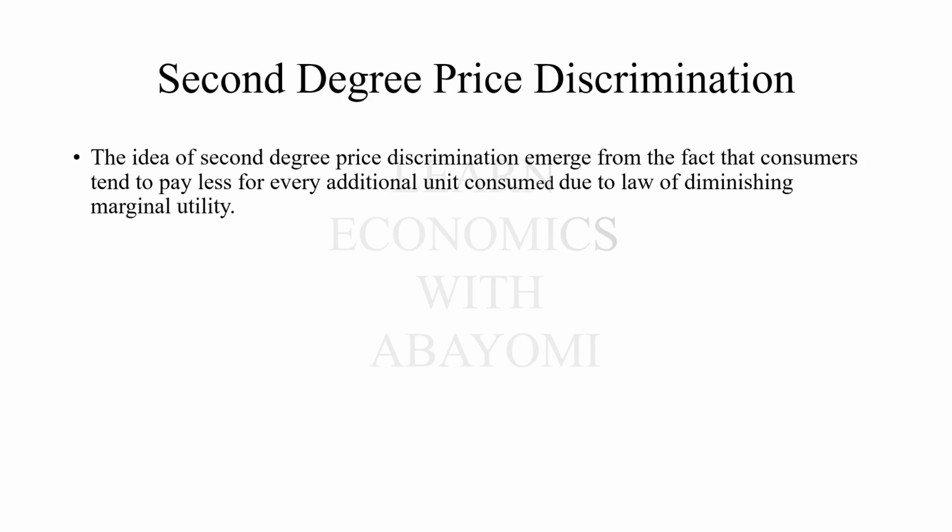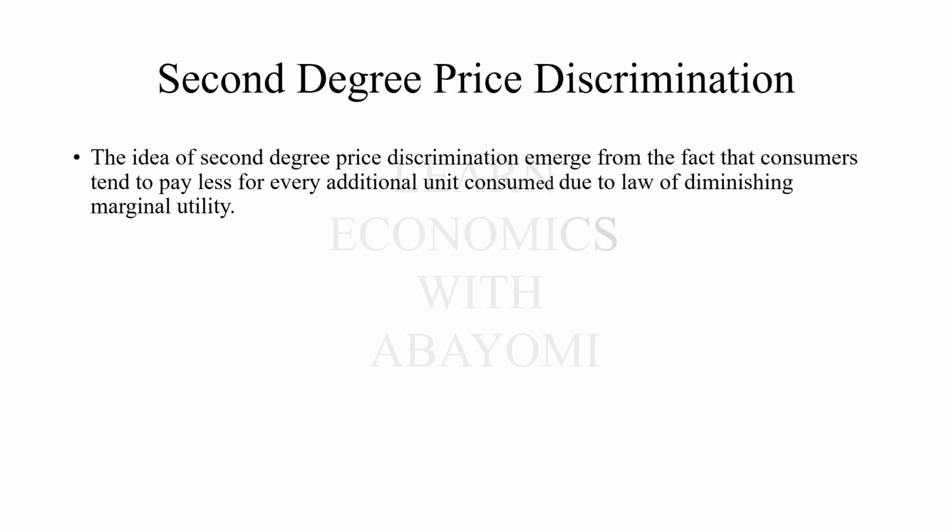But here, the second degree is saying that the more a particular product is consumed by a particular consumer, they tend to pay less due to the law of diminishing returns, because the law of diminishing returns says that the more you consume a particular commodity, it gets to a point that the additional consumption of that commodity decreases your satisfaction. And at the point where your satisfaction is decreased, you tend to buy less of that commodity. So you pay less.